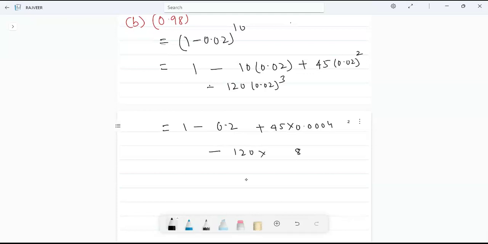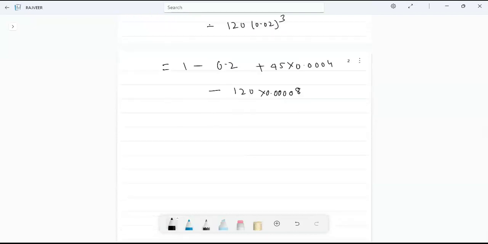How many zeros? 6 zeros, 6 digits: 1, 2, 3, 4, 5, 6. So we have 1 minus 0.2 plus 45 times 4 is 180. And how many digits are there? 4 digits. So 1, 0 and then decimal. Are you understanding the calculation?